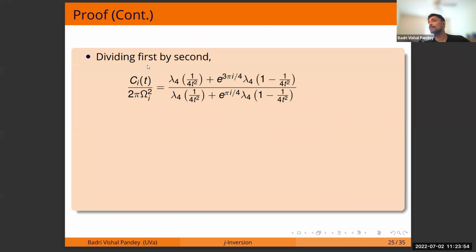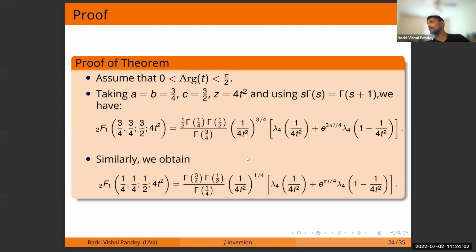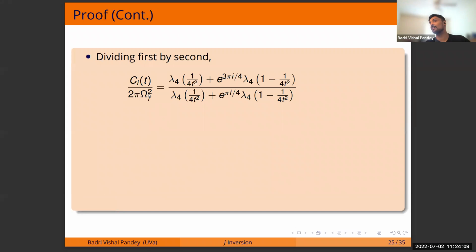So when you divide, you get something like this. This is the Chowla-Selberg period, and this 2 pi comes from the fact that omega_i itself had that 2 pi factor.